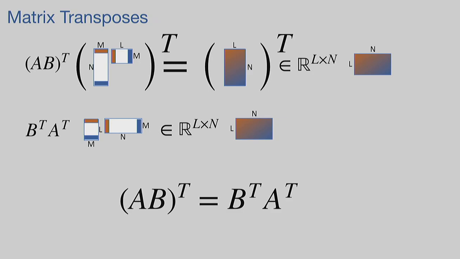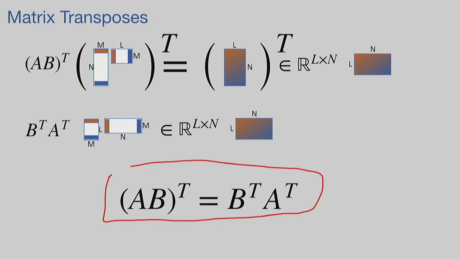You can do the calculation by yourself, in any method you like. You have to believe me that it's true, but it's pretty easy to show. I tried to show it with this color scheme. Okay, so AB transpose is B transpose times A transpose.